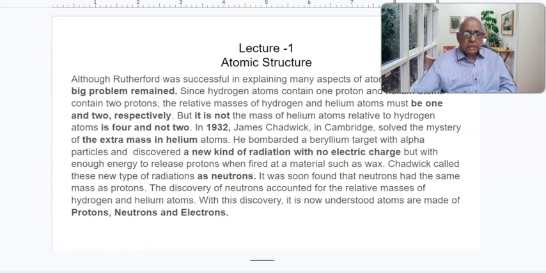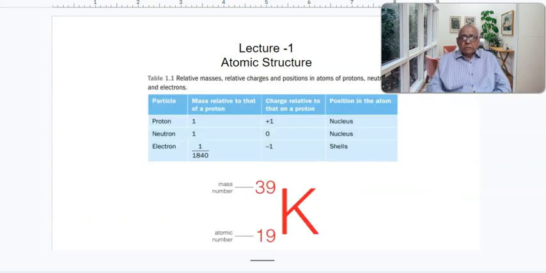Next slide. Now we talk about the mass, relative charge, and positions of proton, neutron, and electron. The proton's relative mass is 1 unit. Neutron has also got relative mass 1 unit, but an electron, as we said, is about 2000 times less than that of a proton.